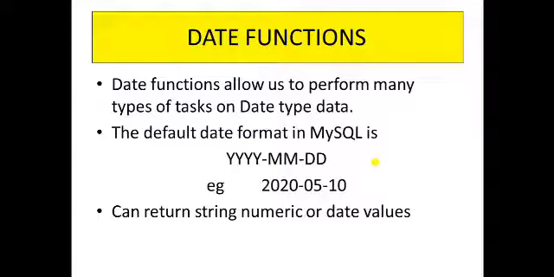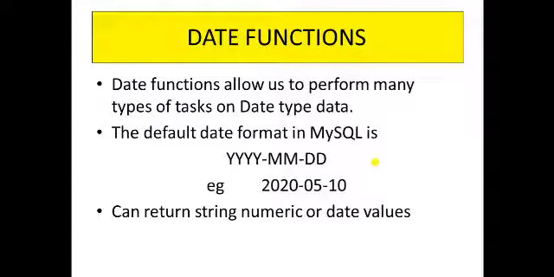And when you get a numeric value, like when I want to know the year of birth of all the students from the student table, the year of birth will be something like 2020, 2005, 1987. It will be a numeric value. Sometimes date functions also return date and time values.